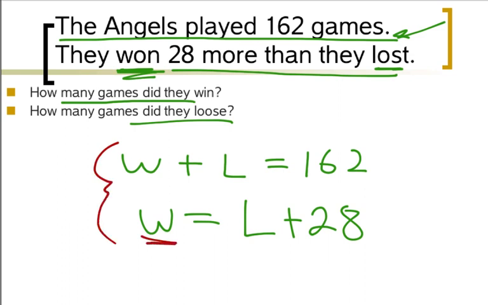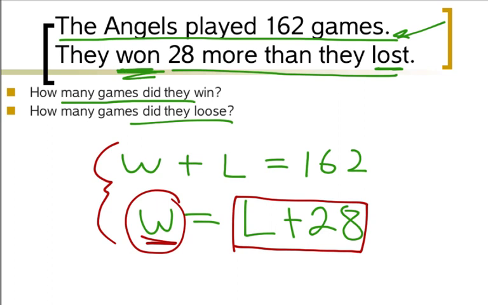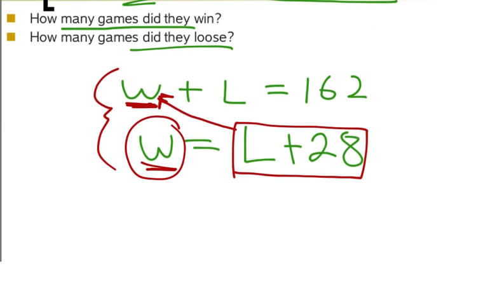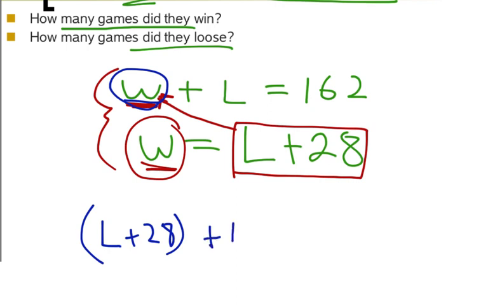Well, we've got a variable solved for, which means that we know what W is. W is L plus 28, which means right here where we have this W, we could put an L plus 28. Okay, so we're going to go ahead and substitute and write L plus 28 in place of the W that was right here, and then write plus the L equals the 162.